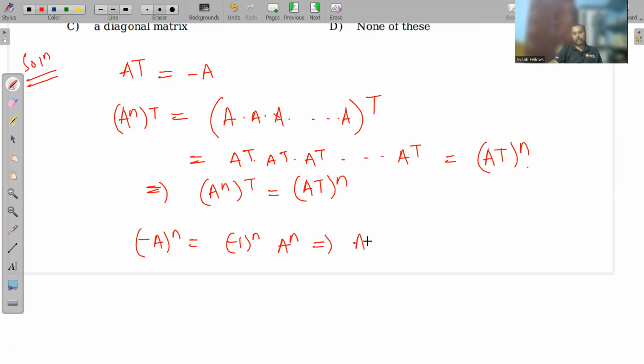So A transpose of A to the power n is simply A to the power n if n is even.